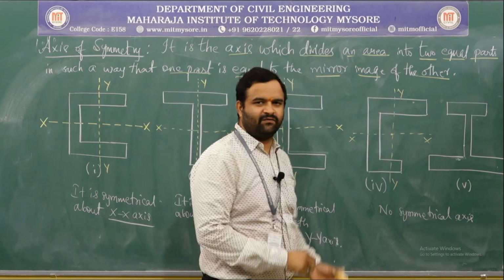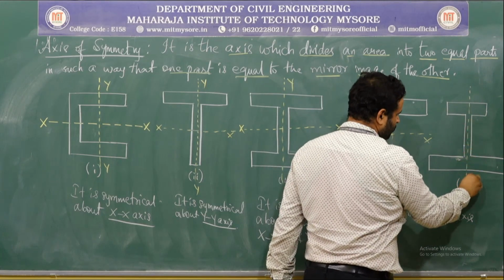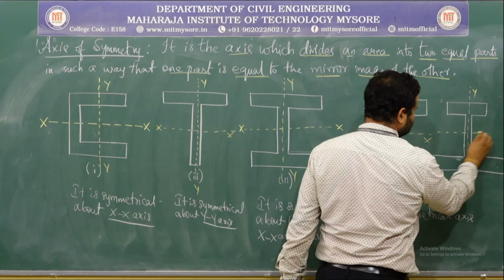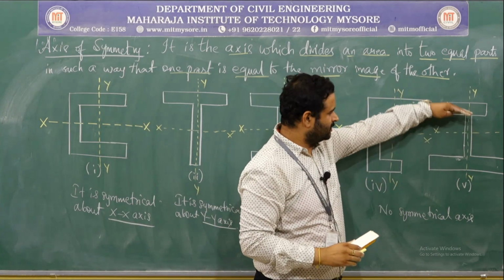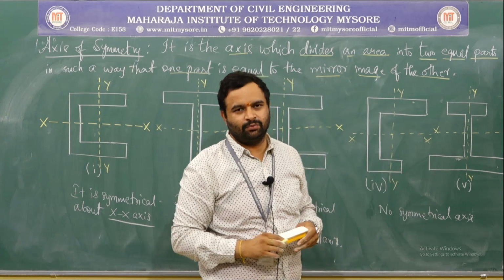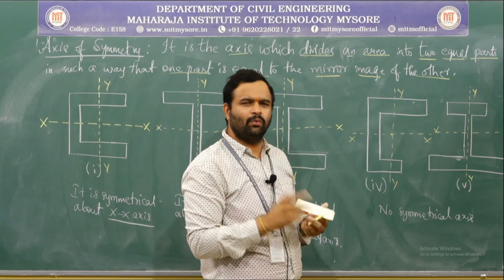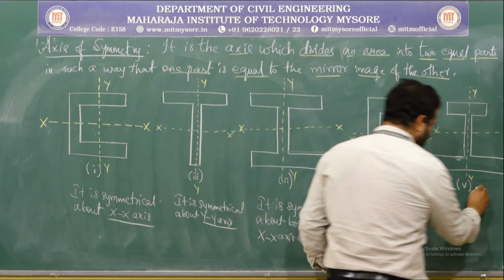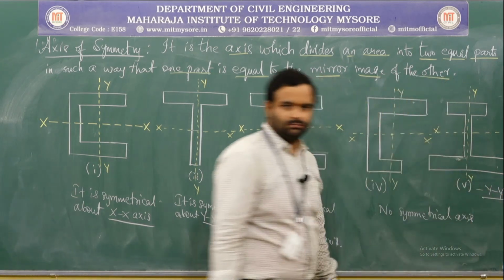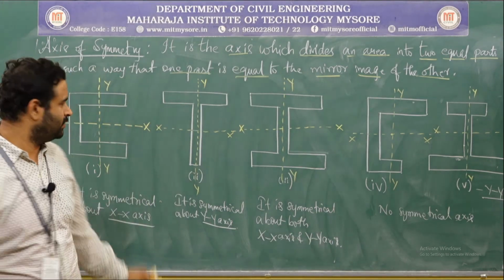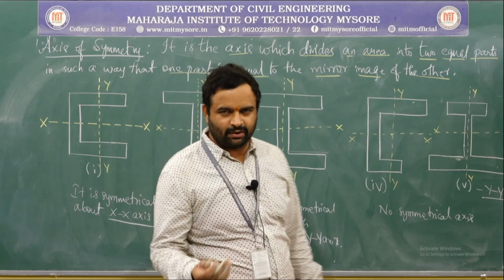Now, coming to figure 5, it is symmetrical about only y axis, but it is not symmetrical about x axis because it is not giving you the equal mirror image on both the sides. So, here we can say it is only symmetrical about one axis, that is y axis. So, it is symmetrical about y axis only.